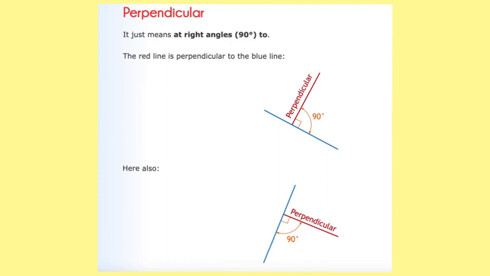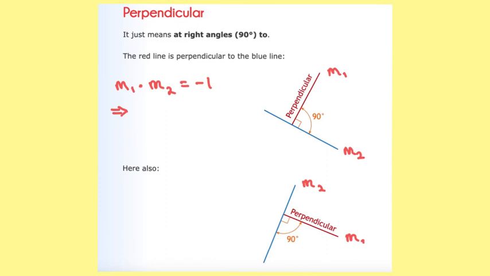If we call the gradient of the red line m1 and the gradient of the blue line m2, in both cases, because the lines are perpendicular, we can say that m1 times m2 is equal to minus 1, always true for perpendicular lines.